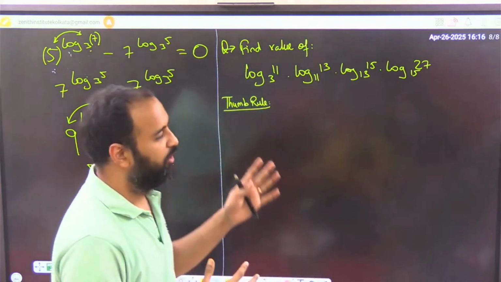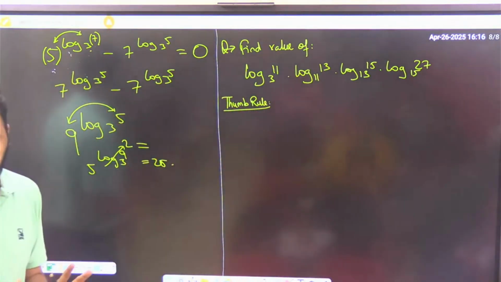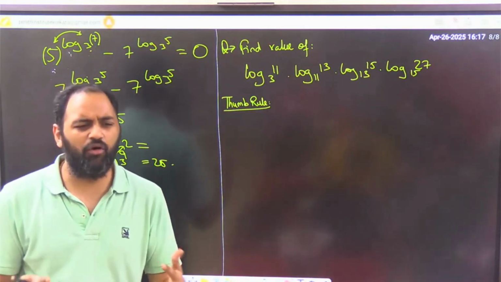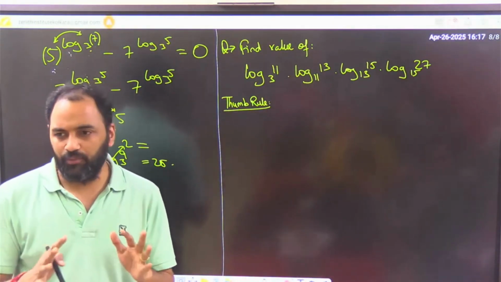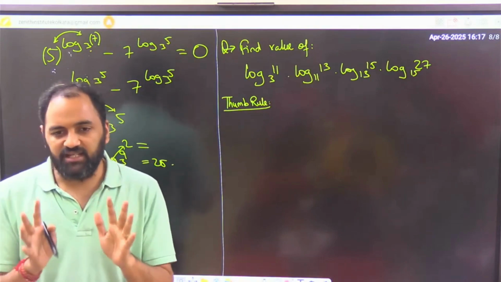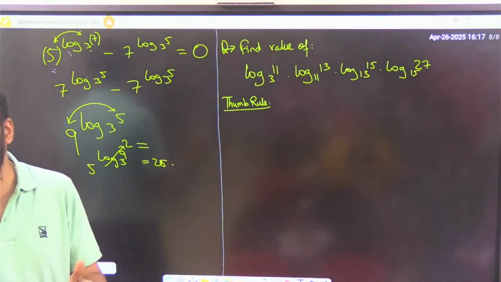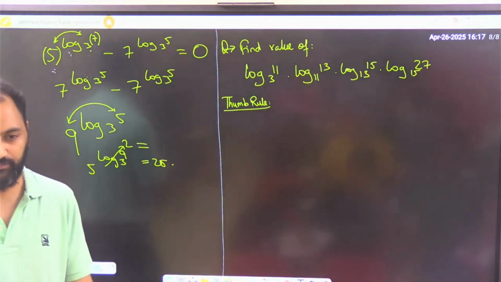Right? For any question of logs, a question involving multiple logs, the thumb rule is the first thing that we do in these types of questions is ensure that all the log terms are to the same base.